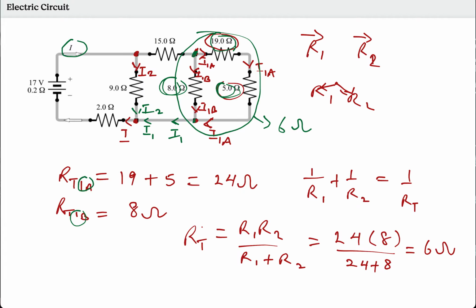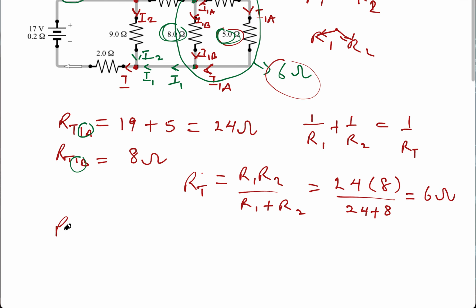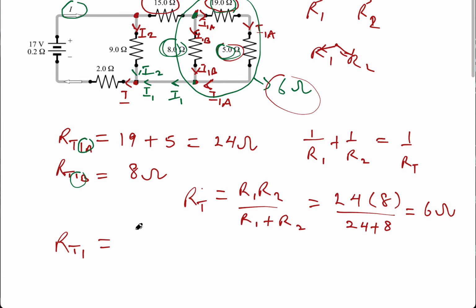So what does that imply? It implies that the total that I got for this other side, which is the 6 ohms, will be in series with the 15 ohm, because current I1 is flowing through both of them.